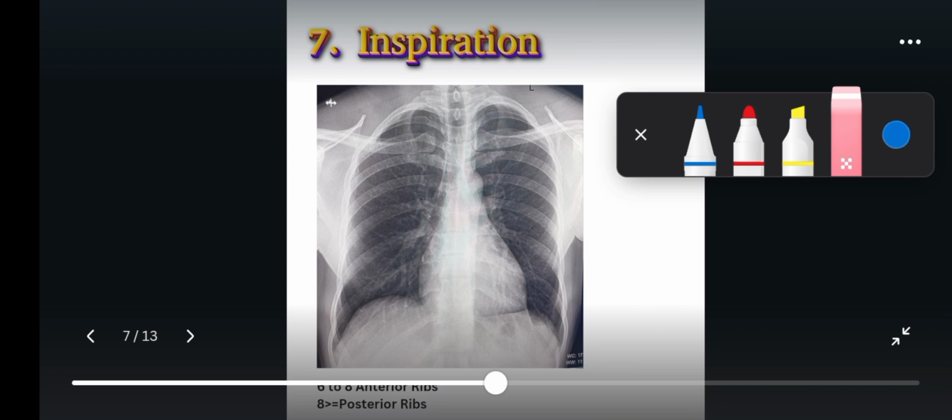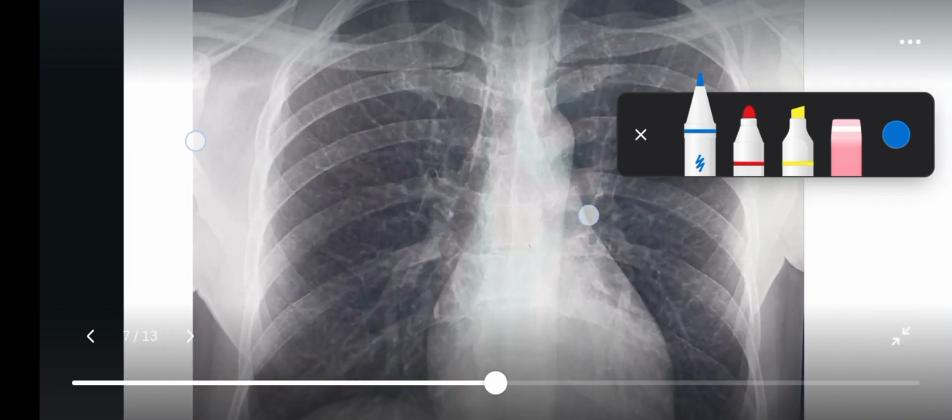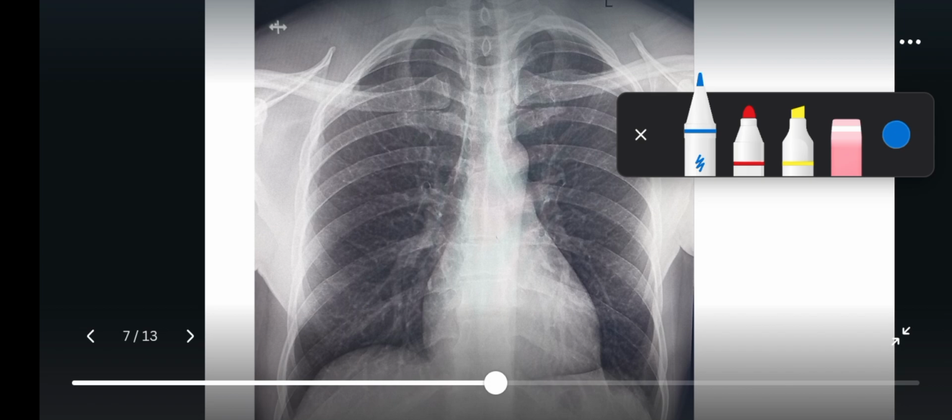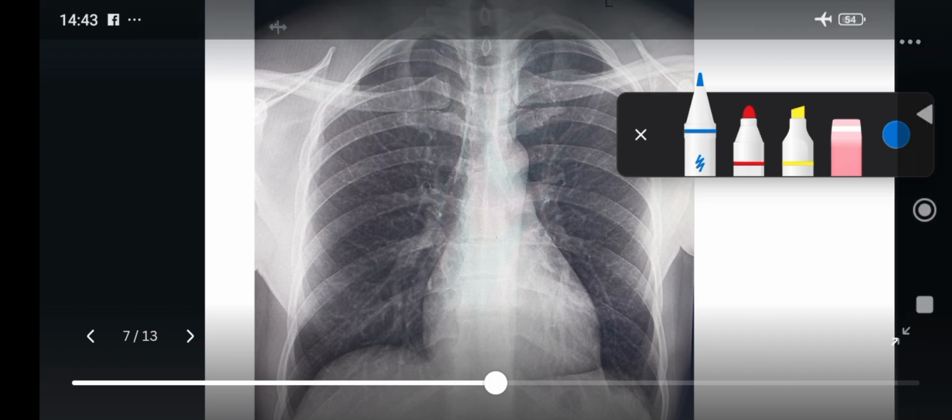Now we'll consider the seventh factor, which is inspiration. A radiograph produced under poor inspiration can mimic pathology. How do we check if the radiograph is obtained under normal optimal inspiration? We'll count the ribs. We're supposed to see 6 or more anterior ribs above the diaphragm. Then the posterior ribs are supposed to be a minimum of 8 ribs above the diaphragm. So how do we count the ribs? These ribs moving downward are the anterior ribs.